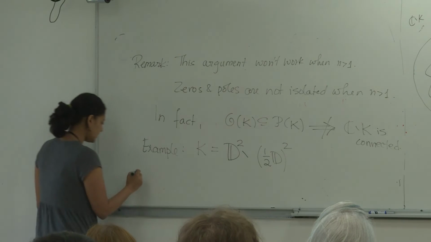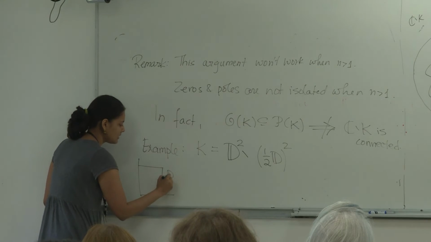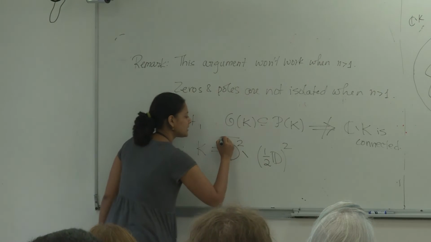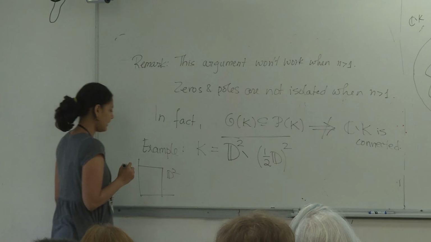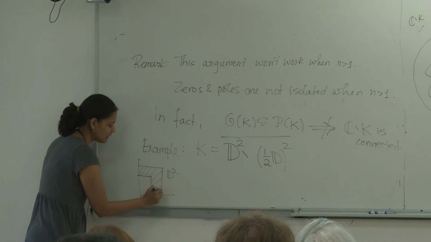I hope I'm writing this correctly. So what I'm looking at looks something like this, and the compact set that I'm looking at looks like this.